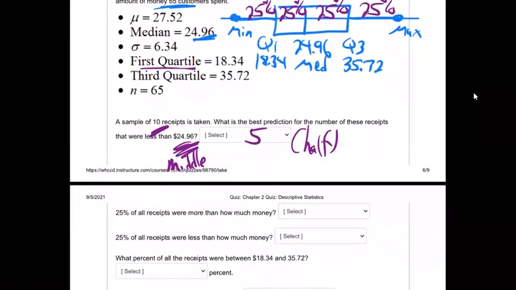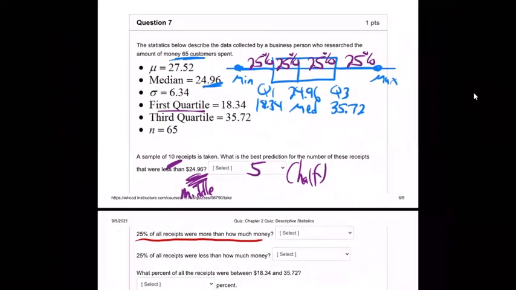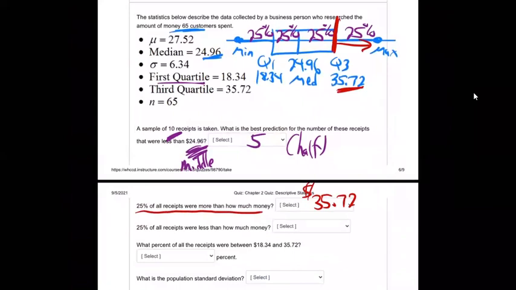It says 25% of all receipts were more than how much money? The top 25% were more than Q3. More people spent more than $35.72. 25% of all the receipts were more than that. And next question. 25% were less than how much? 25% were less than 18.34, right?